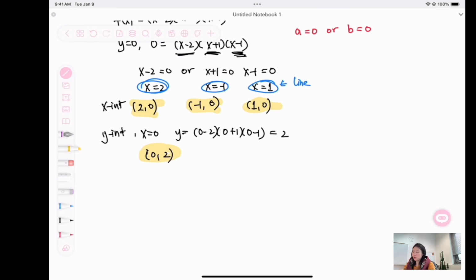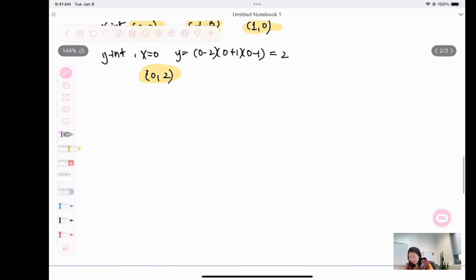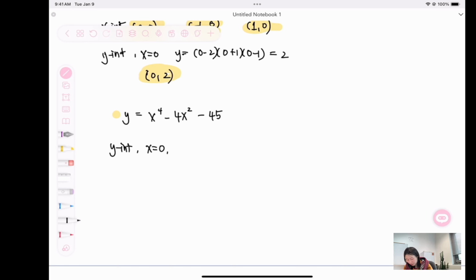Okay, let's do another example. If I give you a function, y equals x to the 4th minus 4x squared minus 45. Well, the y-intercept is easy. We can find the y-intercept first, when x equals 0.